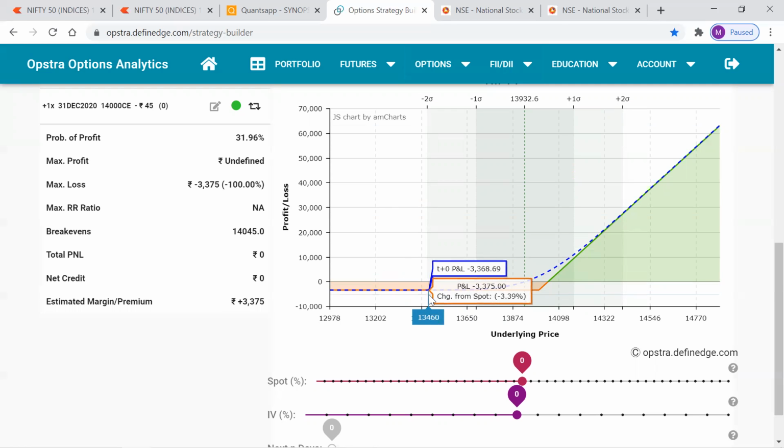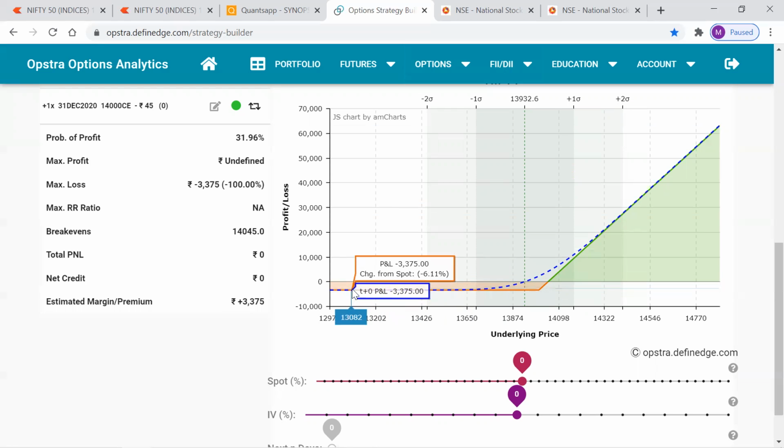Your loss is only 3,375 rupees. Your loss is limited here. Even if it goes down to 13,000, or even if the Nifty goes down to zero, you won't be facing a loss of more than 3,375. That's the advantage of option buying.